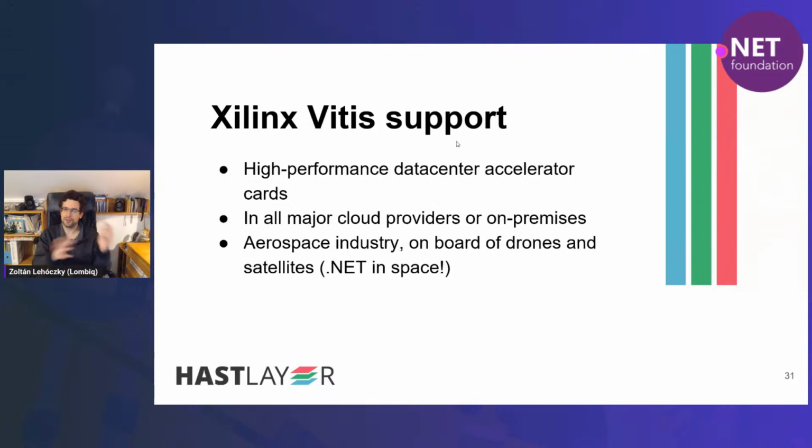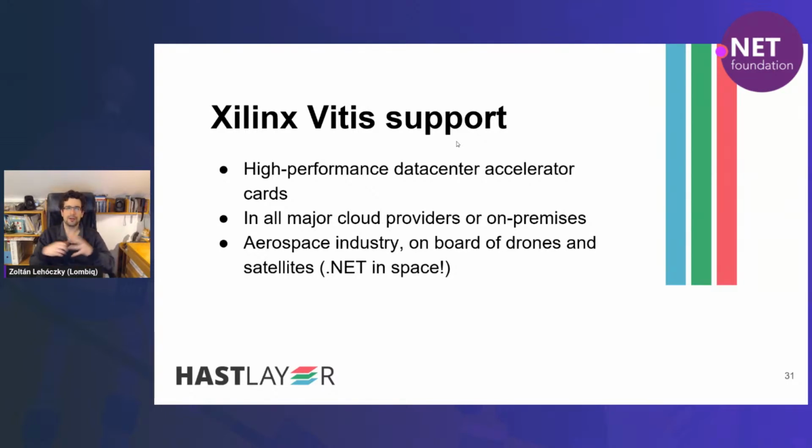You can't just take the same code and configure another FPGA with it. You have to know what FPGA you target. Vitis makes this a little bit easier. It doesn't solve the problem completely, but it makes it easier.